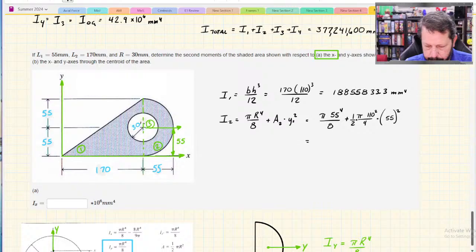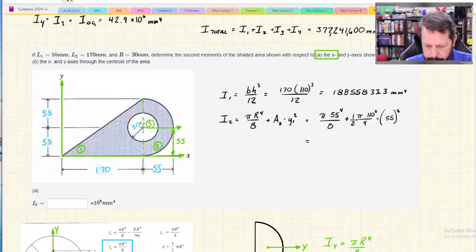They equal, let's see, 55 to the fourth times pi divided by 8 plus all this other stuff. Plus 55 squared times 110 squared times pi divided by 8. Uh-oh, we didn't like that.